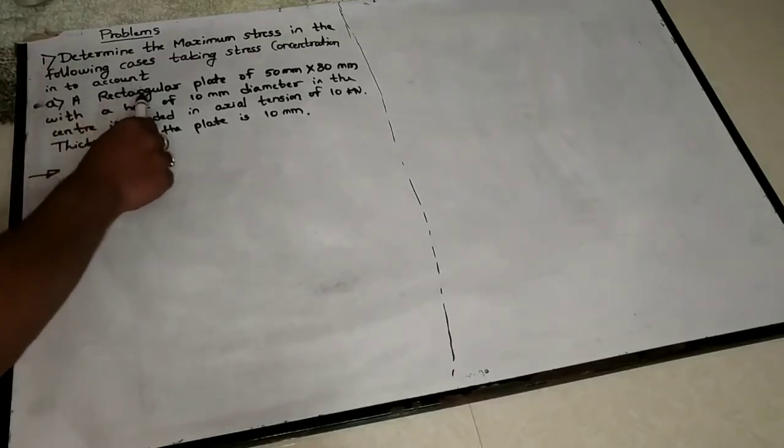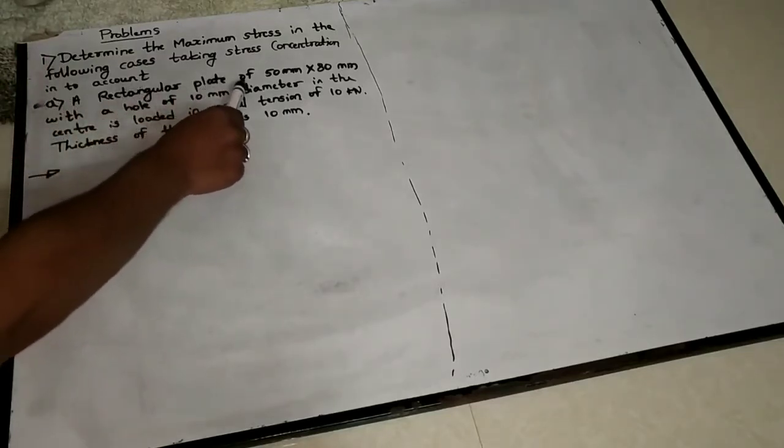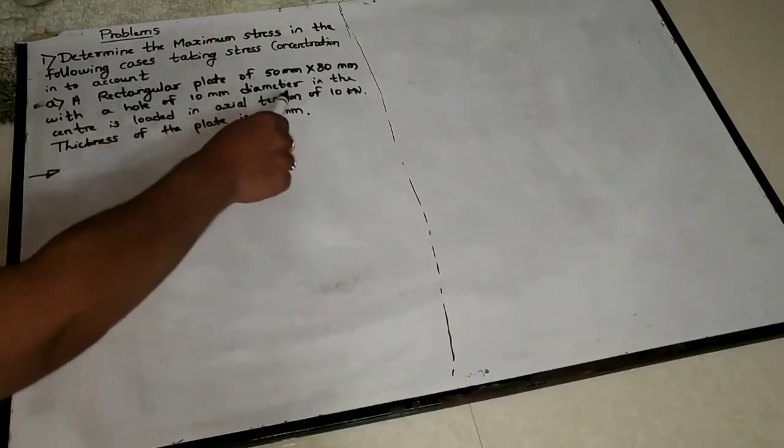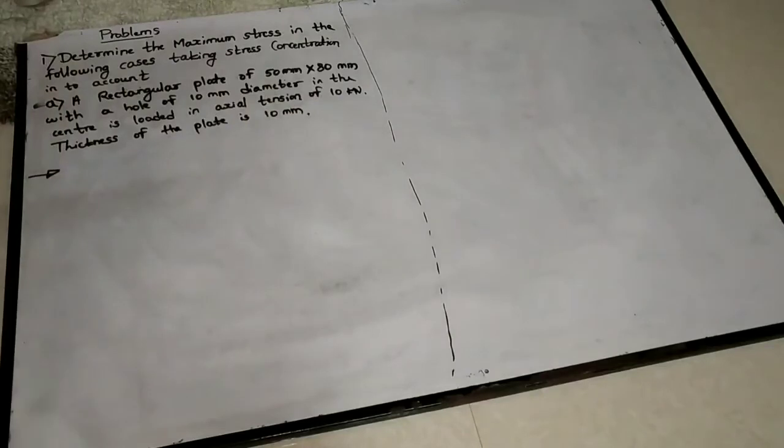A rectangular plate of 50 mm into 80 mm with a hole of 10 mm diameter in the center is loaded in axial tension of 10 kN, and the thickness of the plate is 10 mm. So this is the data given for a particular problem.